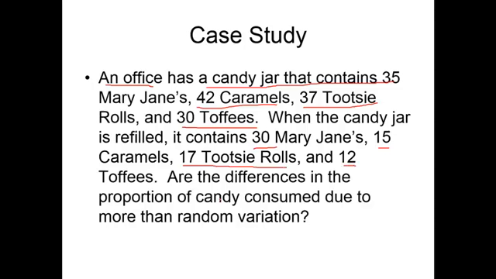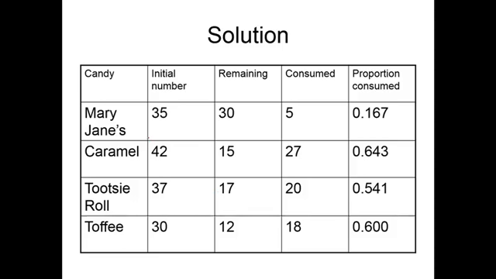Are the differences in the proportion of the candy consumed due to more than random variation? Are people just sticking their hand in and pulling out a handful, or are they picking what they choose? Let's start out with a table.